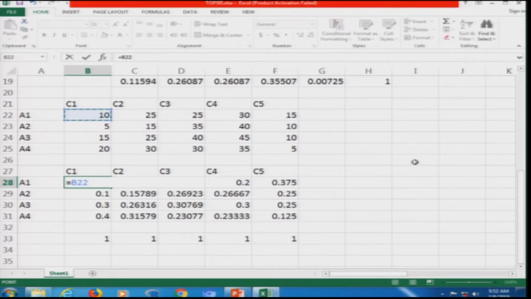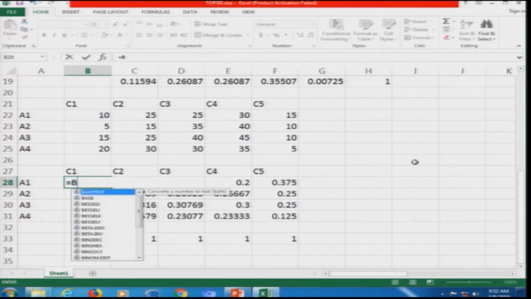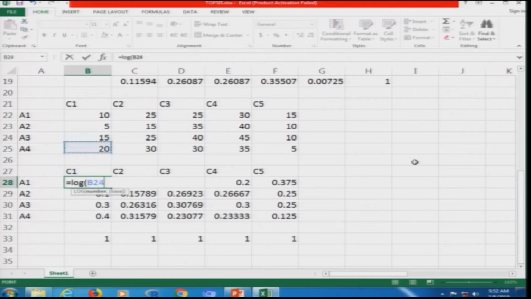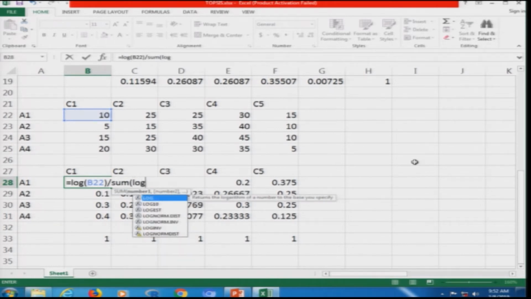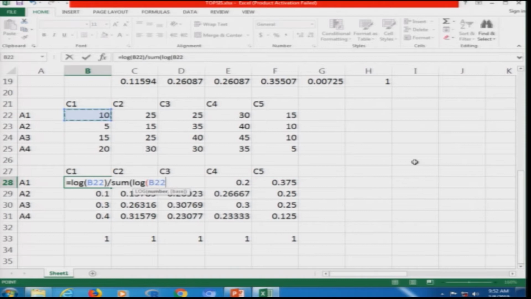Consider I am using the value, very arbitrarily, log of this divided by the sum of log of this second one plus log for the third one plus the fourth one. I am talking about the cell position in the column.